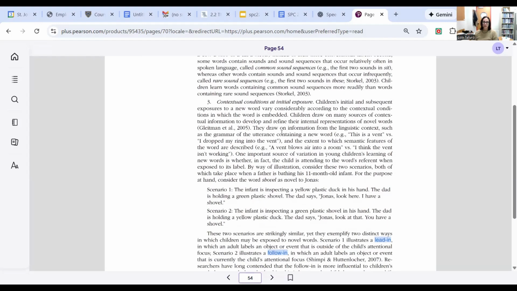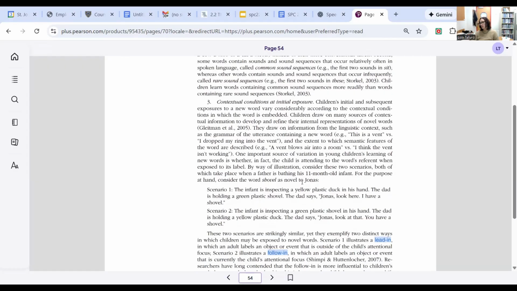Word learning and semantic development also have to do with not only initial exposure, but subsequent exposure. They're drawing on many sources of context to help them develop and refine the internal representation of what words mean, what these symbols mean.